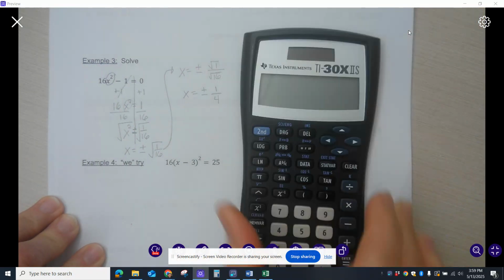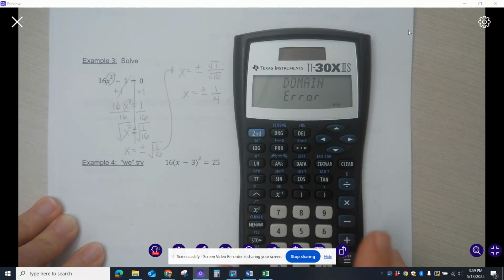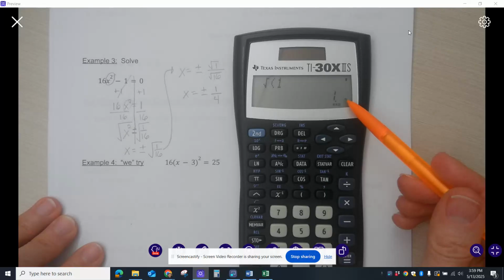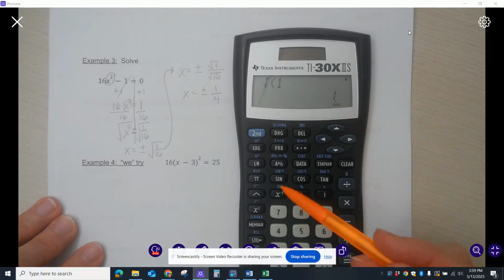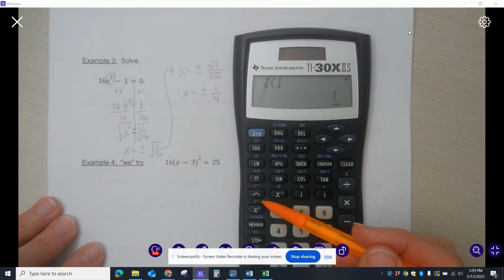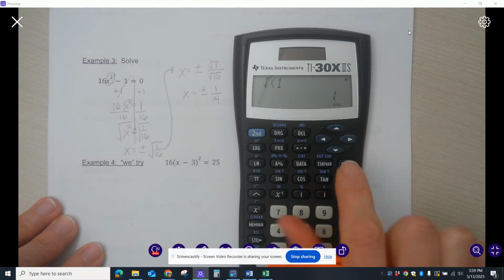And remember, you can also have your calculator help you to decide if it's a perfect square. Let me get rid of this old stuff that's in here. If I do square root of 1, I get a 1. So if you get that whole number, then you know it's a perfect square. And remember that square root is right here. So I'm doing second x squared.